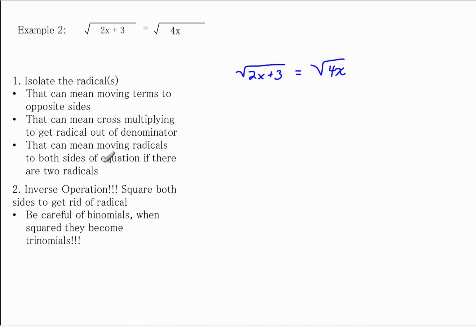They're isolated. That means moving radicals to both sides of the equation if there are two radicals, and that's what we have here. Inverse operations, we're going to square both sides. So if I square this side and I square that side, how simple is it? The square and the square root cancel each other out.